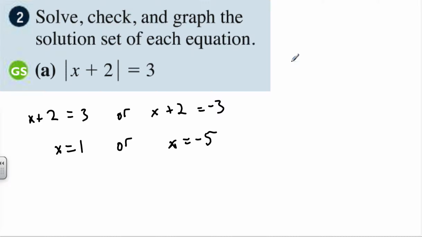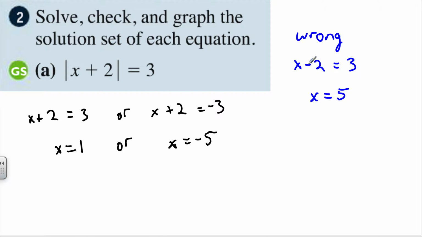A lot of times students are tempted to say x minus 2 equals 3. If you solve, then you get x equals 5. But if you plug 5 in, 5 plus 2 is 7, absolute value of 7 doesn't equal 3.